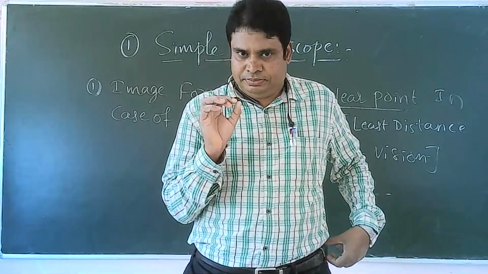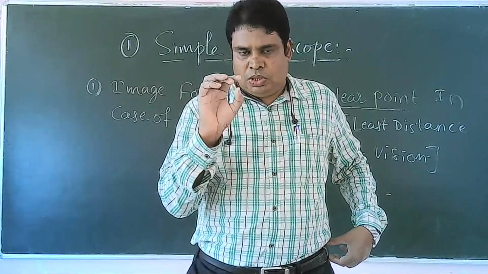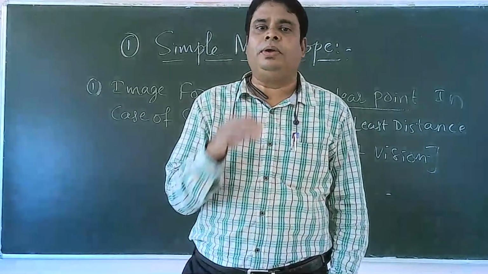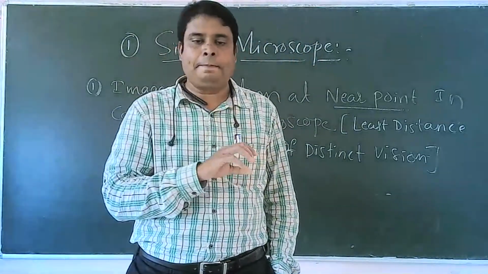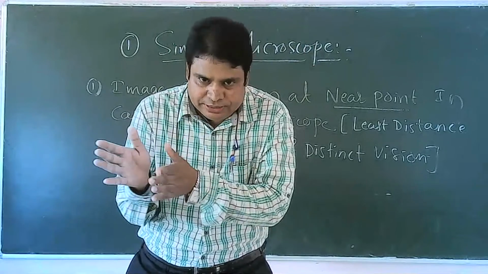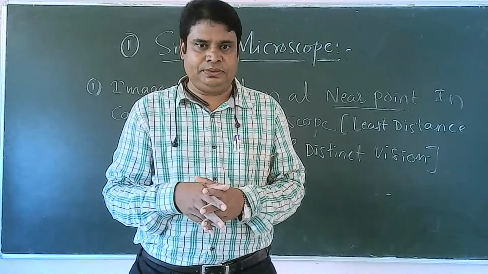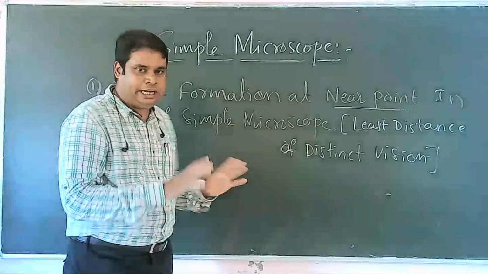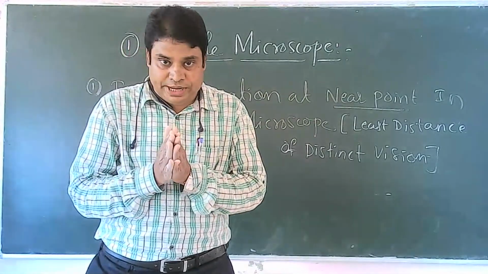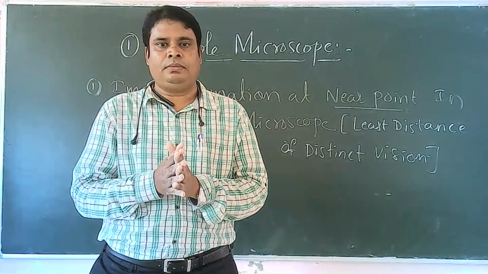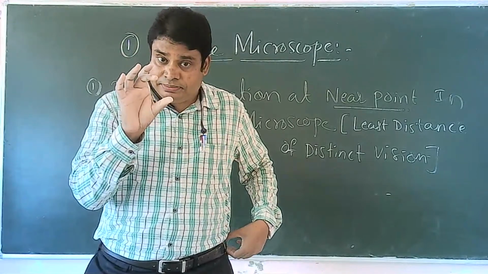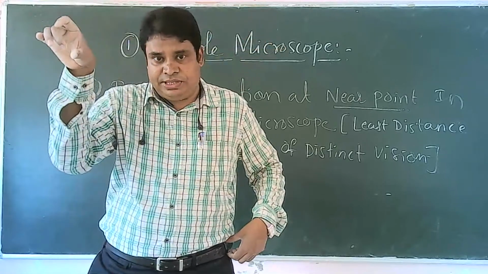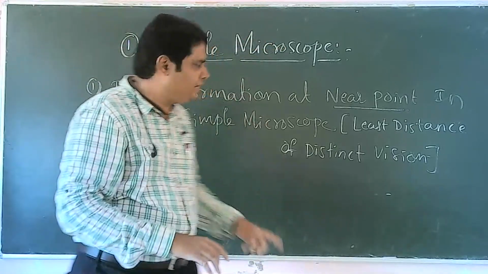If you know clearly the image formation in case of lens for different positions, then it's very easy to understand this concept. Let me repeat. If you know the formation of image in case of convex lens for different positions, then it will be much easier to understand this concept.